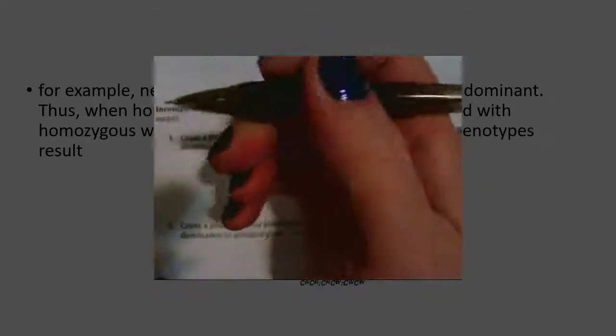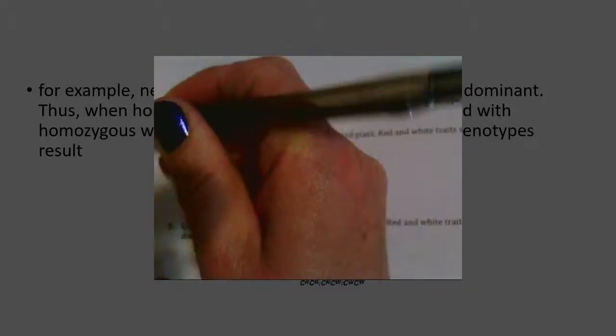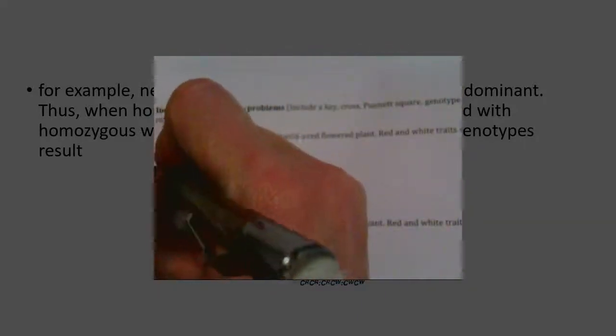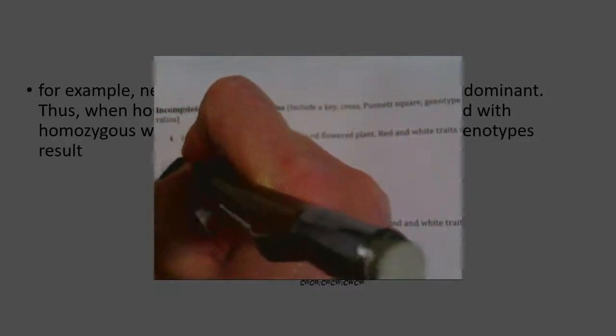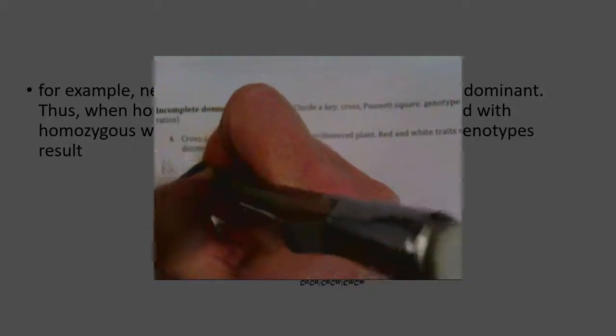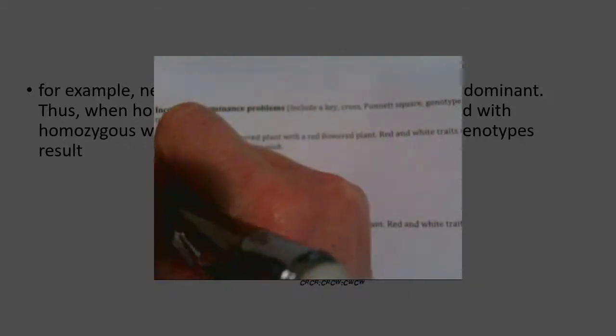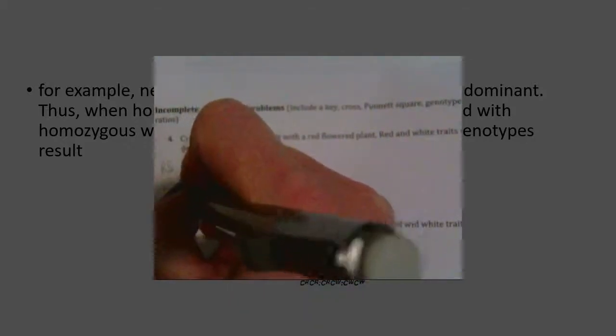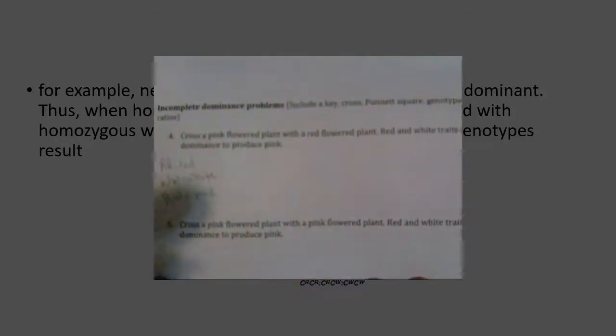So red and white. Two uppercase R's would represent a red flower, two uppercase W's would represent a white flower, and an uppercase R and an uppercase W would represent the pink flower.